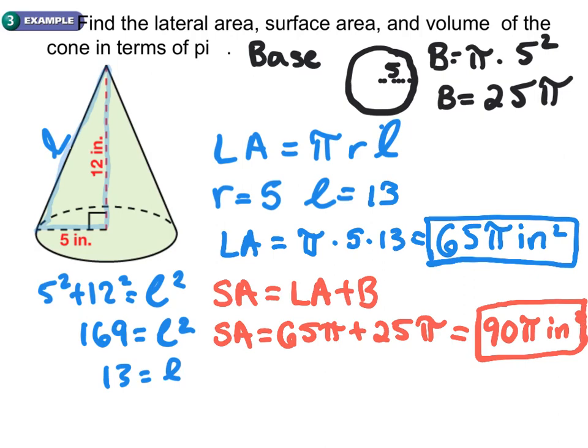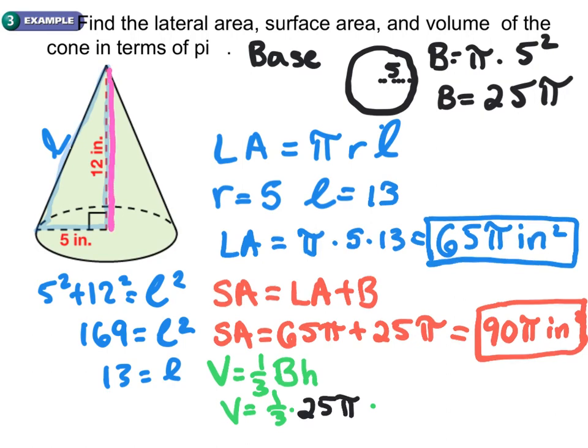And lastly, volume is 1/3 the area of the base times the height. So in this case, we have volume equals 1/3 times the area of the base, 25 pi, times the height of the figure, which is this vertical line right here.